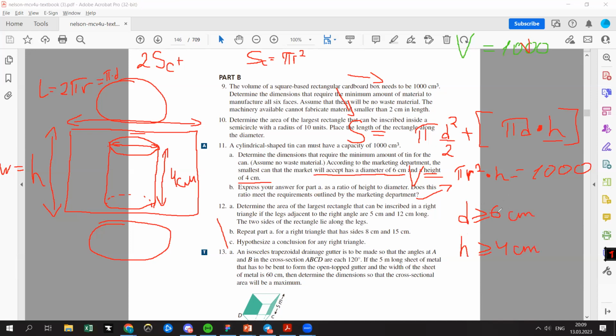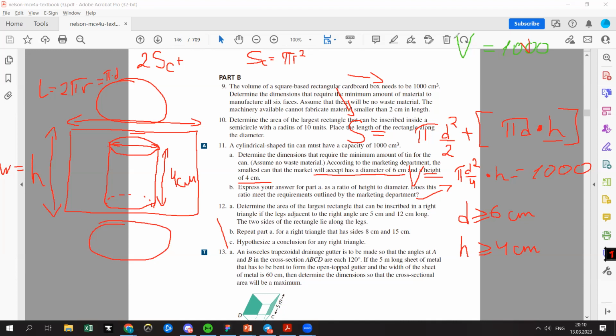And now you found the domain of this function. Here you can rewrite this as d squared over 4.